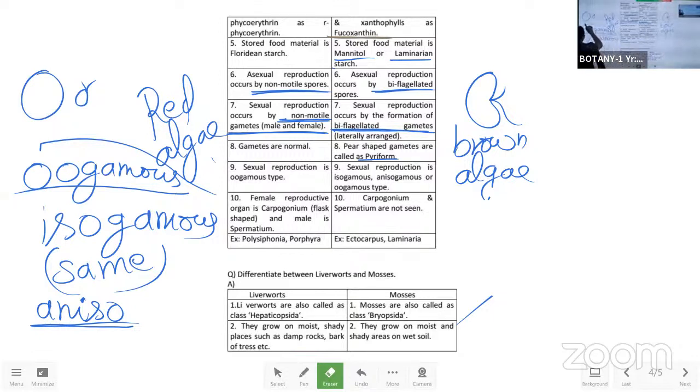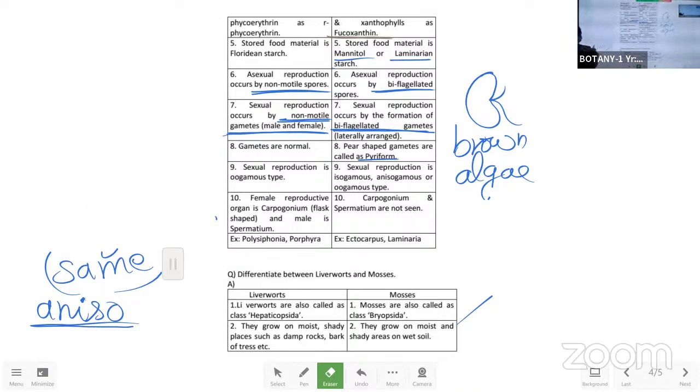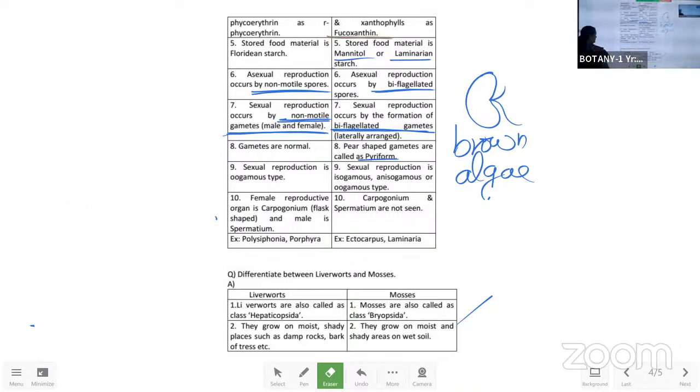That is the oogamous type. So in the red algal members, the sexual reproduction occurs by the oogamous type. Whereas in the brown algae, the sexual reproduction occurs by three different ways: isogamous, anisogamous, and oogamous. Any type of the sexual reproduction can be seen in the brown algae.